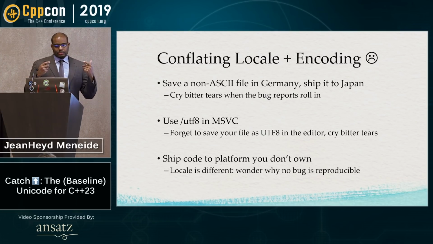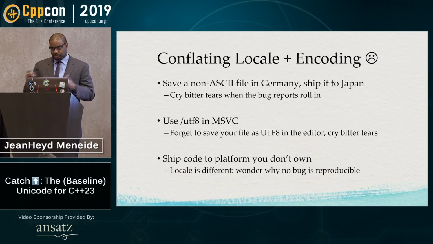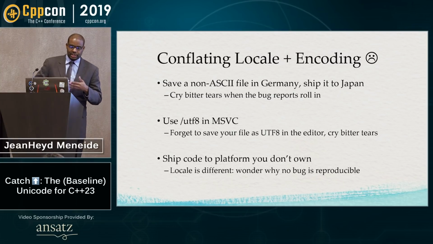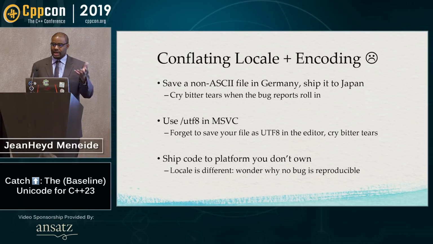Every time you have a std locale object, that locale ships with it the idea of not only an encoding, but a bunch of other things related to internationalization and localization. For example, if you're using a dot instead of a comma, money punctuation, and all of these things are stored in the locale.